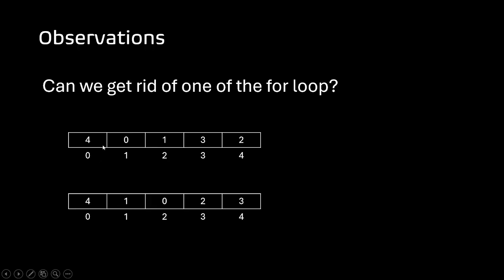So the common part is 4. Similarly, we check if anything overlaps on the right side of 1. Here it's 3 and 2, and in nums2 1's right side consists of 0, 2 and 3. So the common elements are 3 and 2.